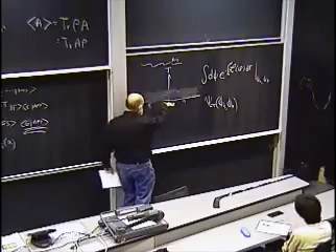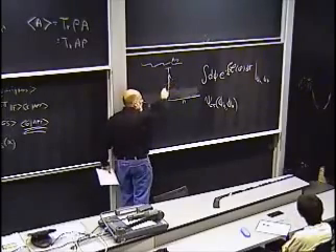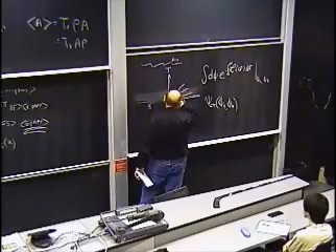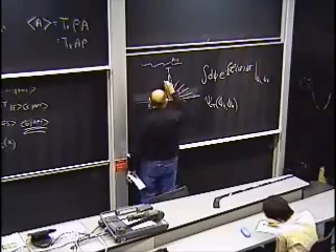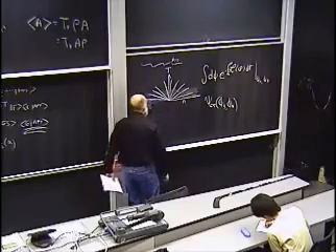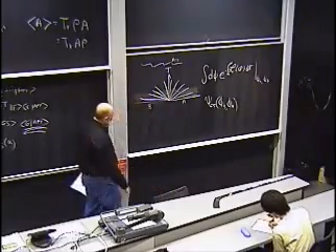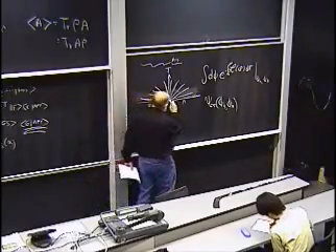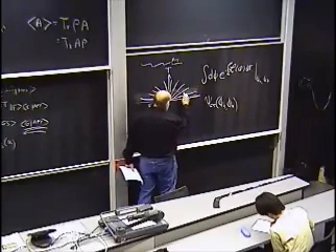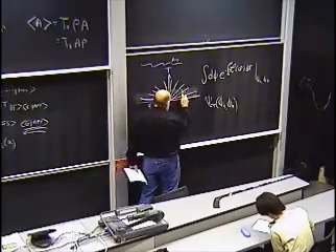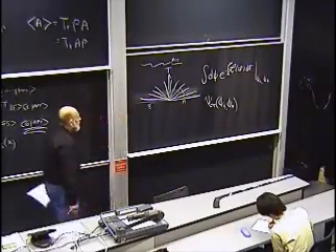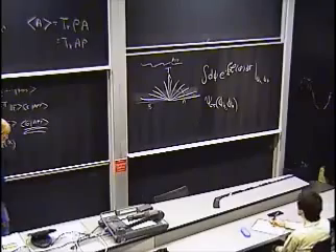Instead of transfer matrices transferring us from one layer to the next, they're going to be transfer matrices which transfer us from one angle to the next. In other words, we're going to use a path integral to take us from here to here, and then a path integral to take us from here to here, from here to here, and each time integrate over the intermediate degrees of freedom on the slices.